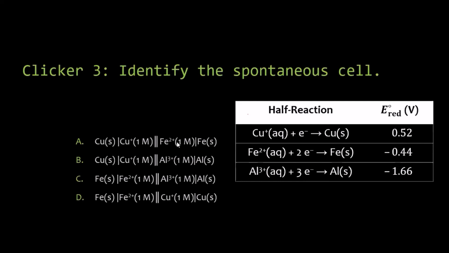If I did this one, it would be negative 0.44 minus 0.52, that gives us negative 0.96. This guy, negative 2 something, 2.18. Even though you're minusing a negative, this guy is much bigger negative. Negative 1.66 minus a negative 0.44 gives us negative 1.22. The best answer is D.